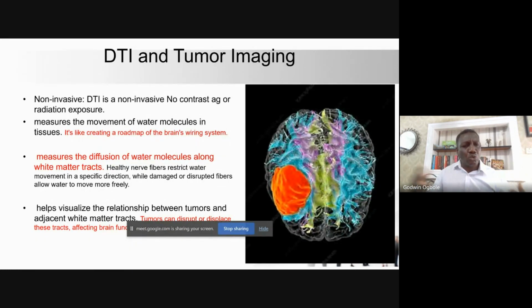And it helps us to measure the movement of water molecules along white matter tracts. The healthy fibers in diffusion tensor imaging usually will show restrictions, and then they will show clearly. But when there's a damage or disruption to the fibers, the water is allowed to move more freely, and this can be demonstrated using color coding and things like that.